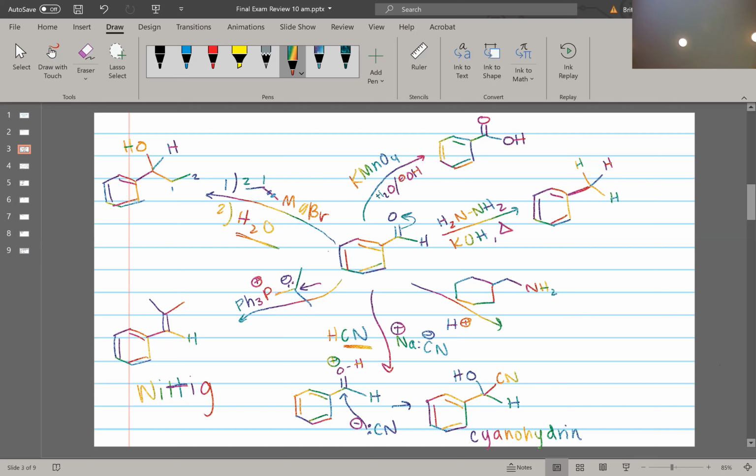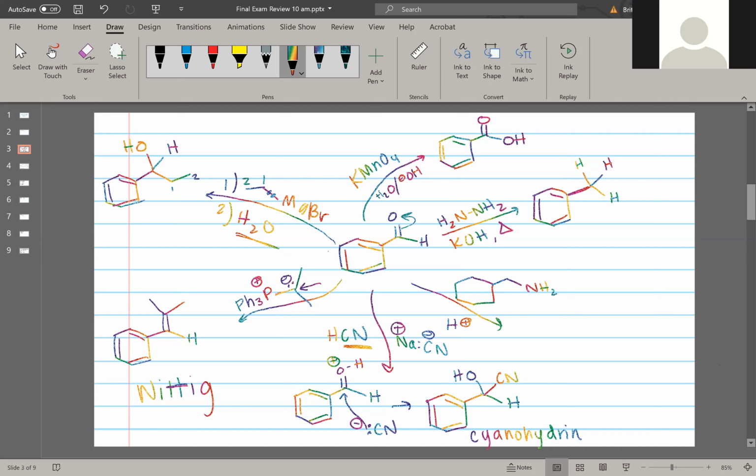Okay, and then last one, we have a primary amine, acid, and an aldehyde. What is this setting us up for? Is it going to create an amide?